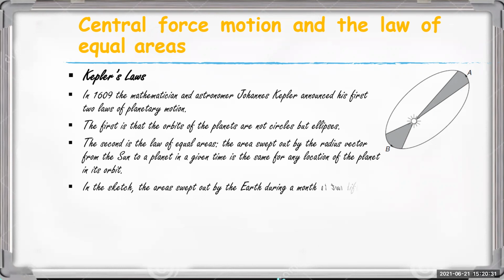In the figure, the areas swept out by Earth during a month at two different seasons are shown shaded.